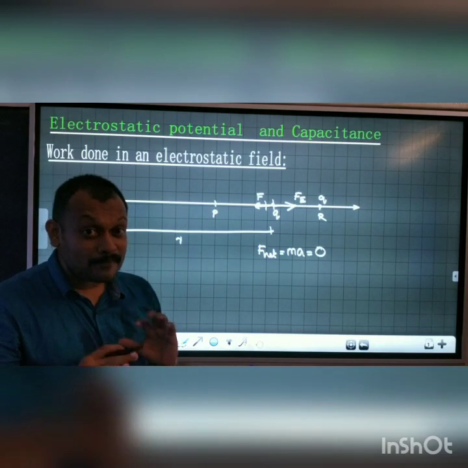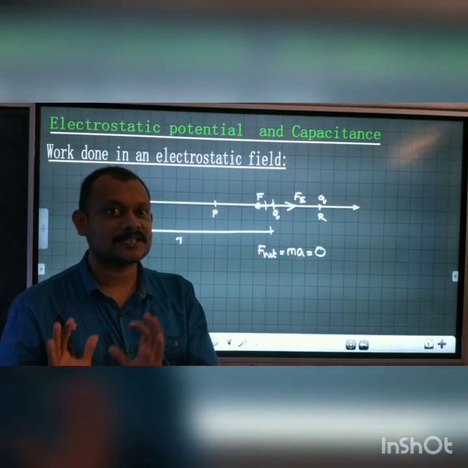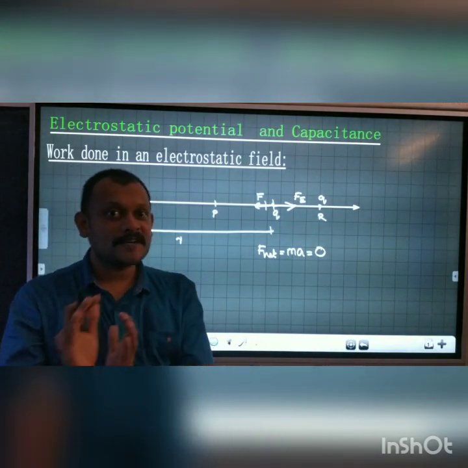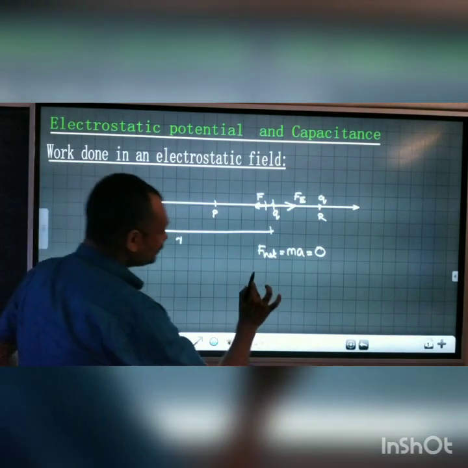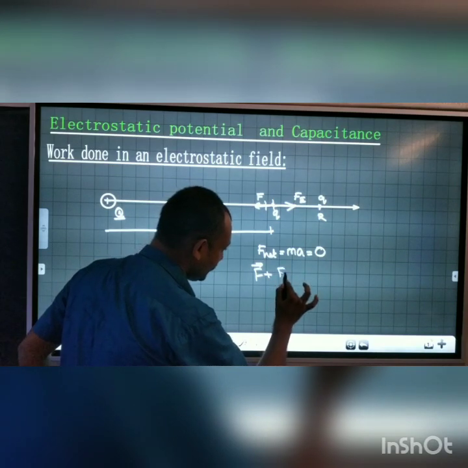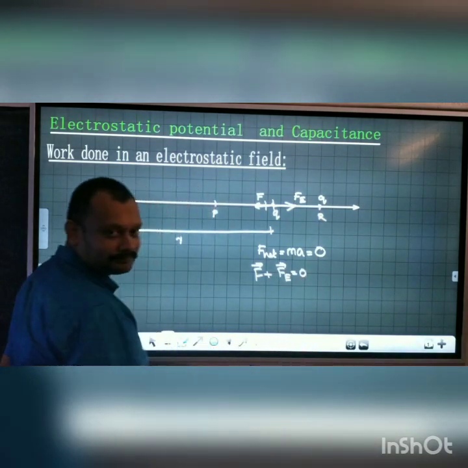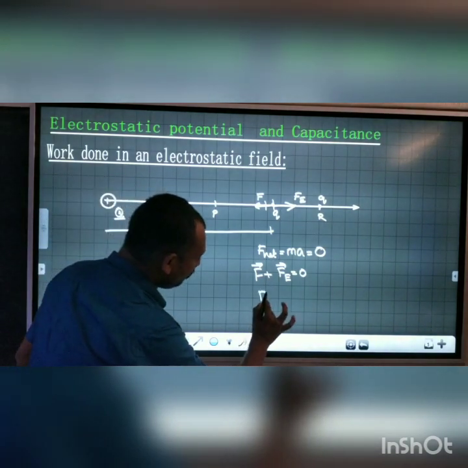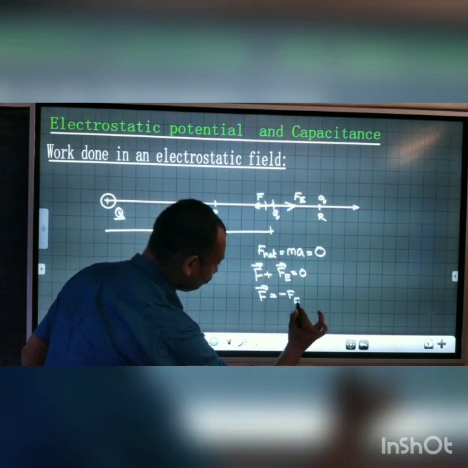The vector sum of the forces is equal to 0. When you say vector sum, the forces are vector F plus vector Fe is equal to 0. Or I can say vector F is equal to minus vector Fe.